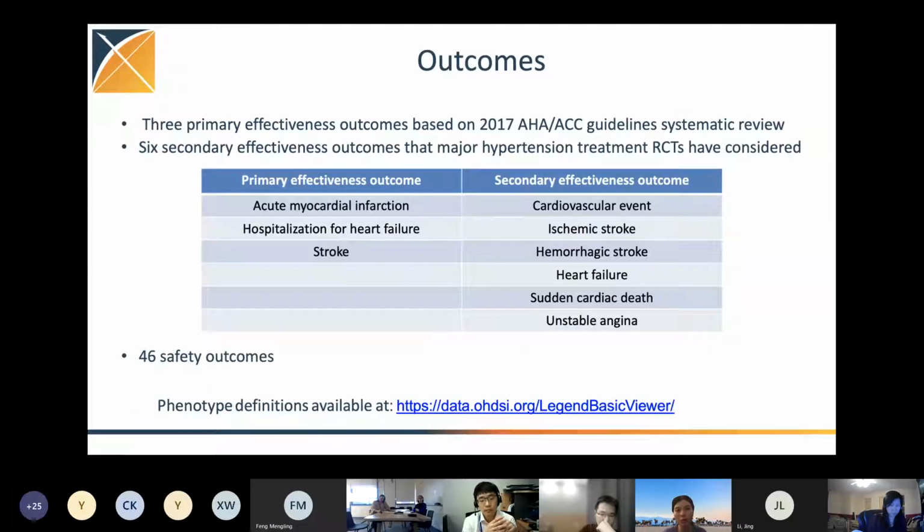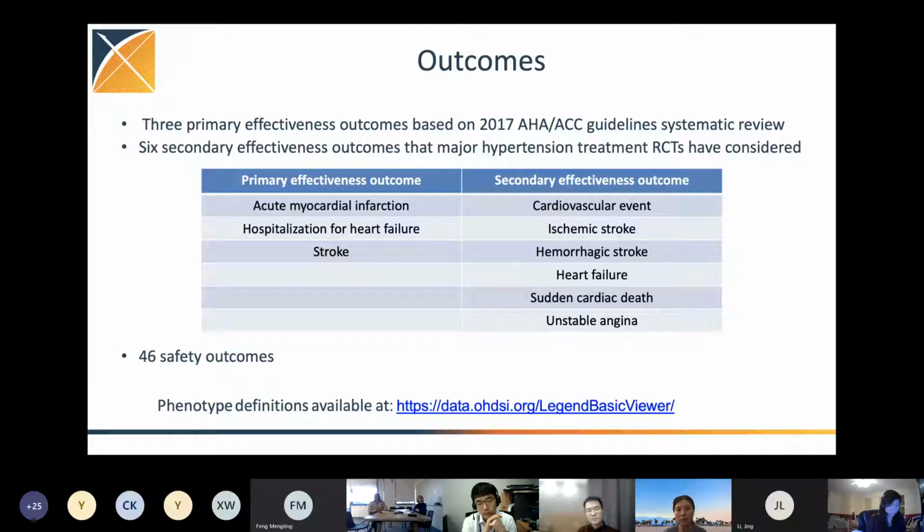For outcomes, we use outcomes pretty consistent with the Lancet hypertension paper. There are 3 primary outcomes using the 2017 American Heart Association and American College of Cardiology guidelines. These 3 outcomes include acute myocardial infarction, hospitalization for heart failure, and stroke.